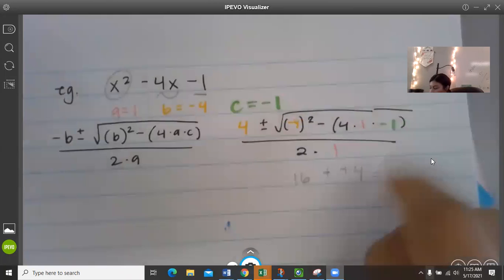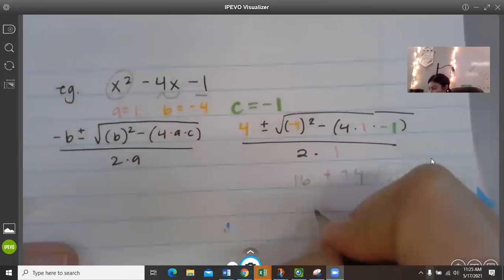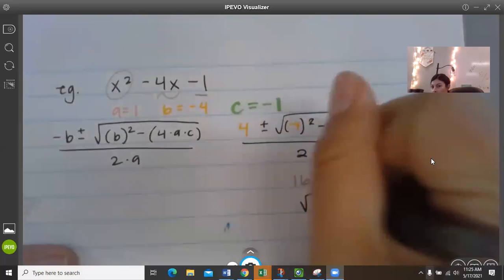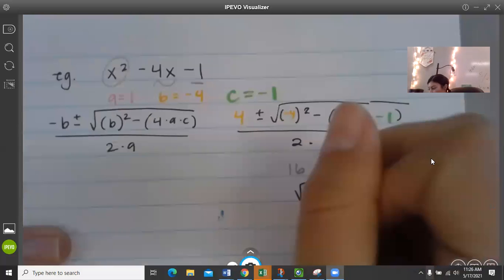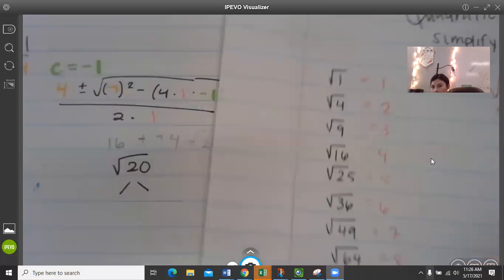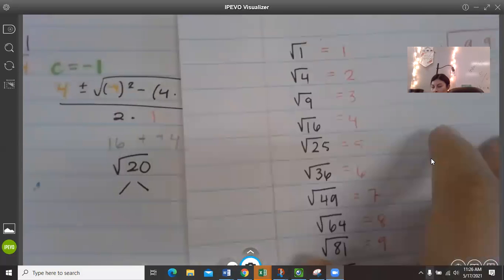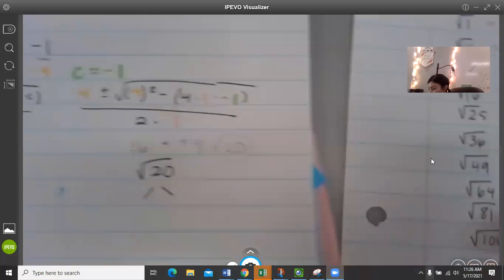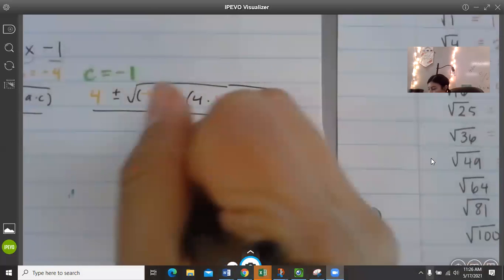Now, what you're going to do is take the square root of this discriminant, this number, and I'm going to ask you to simplify. So to simplify 20, I get my list of perfect squares, and I see what's the biggest that I can divide 20 by. The biggest I can divide it by is the 4. So 4 times 5 is 20.